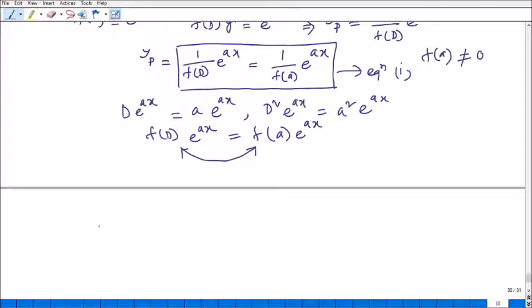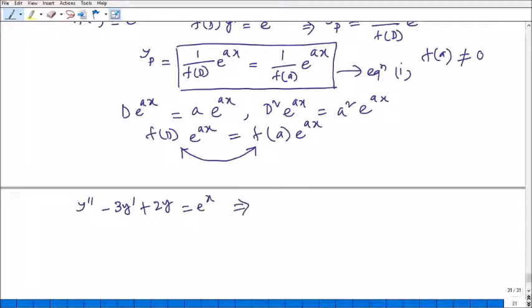Suppose the differential equation is y double dash minus 3y dash plus 2y equal to e to the power x.